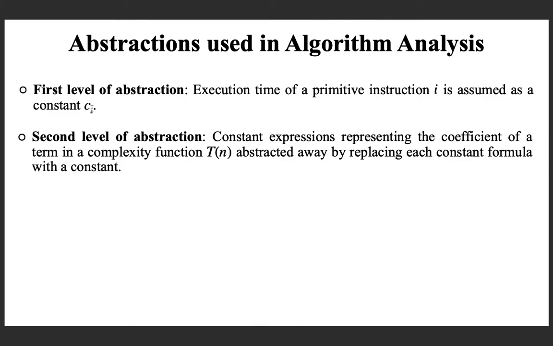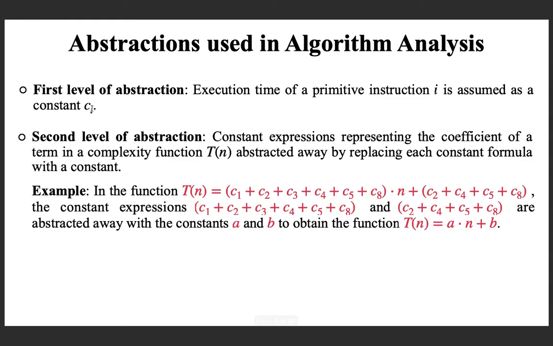And the second level is that constant expressions representing the coefficient of a term in a complexity function T(n) are abstracted away by replacing each constant expression with another constant. The statement may be confusing. Let us look at an example to see what it is.